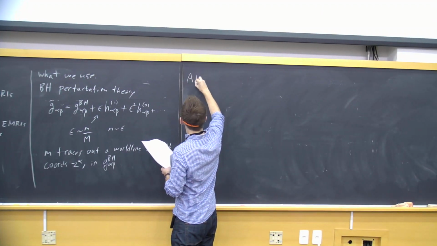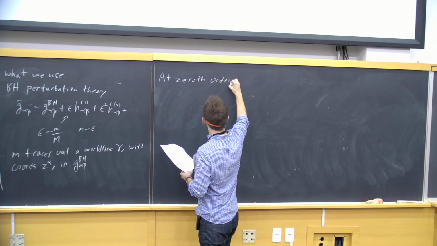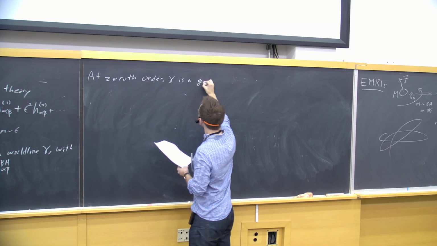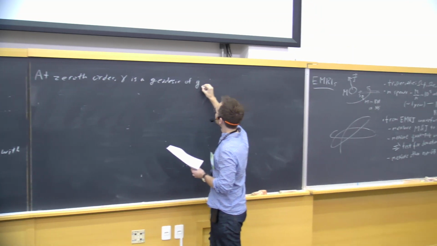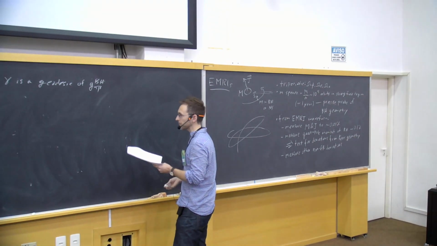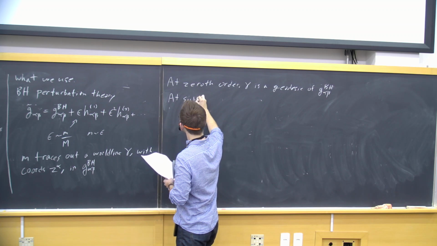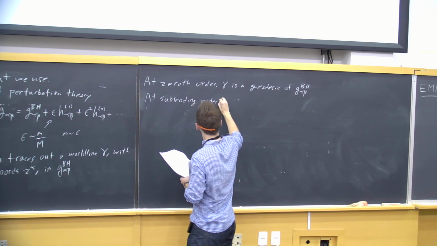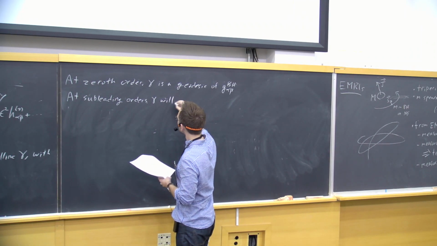So at 0th order, this world line is a geodesic of the background space-time of the big black hole. Then at subleading orders, gamma will satisfy some equation of motion.